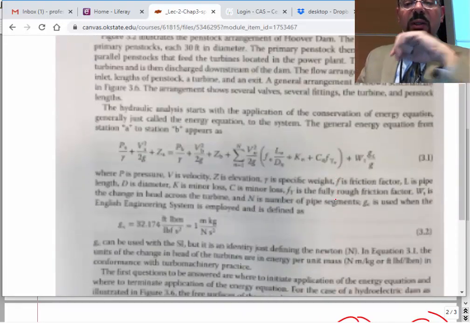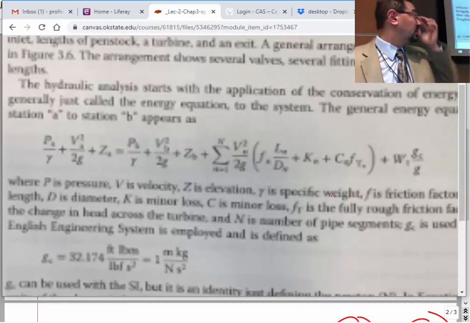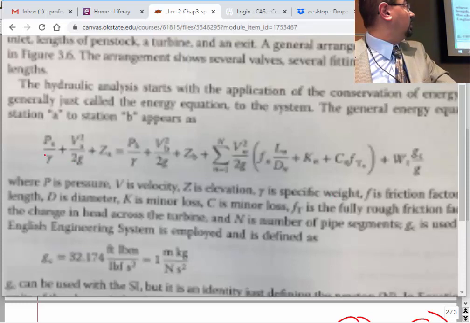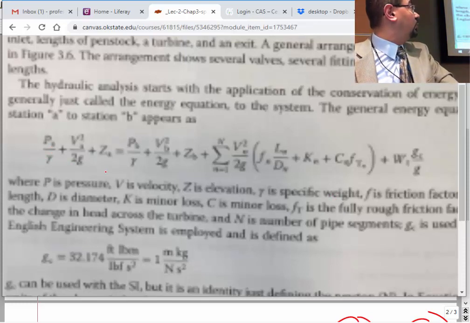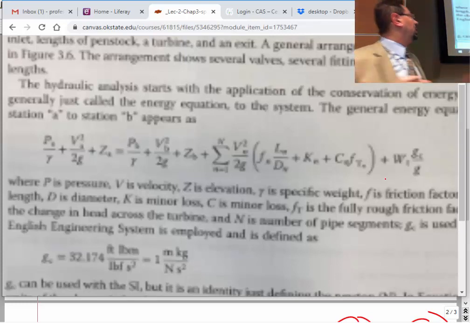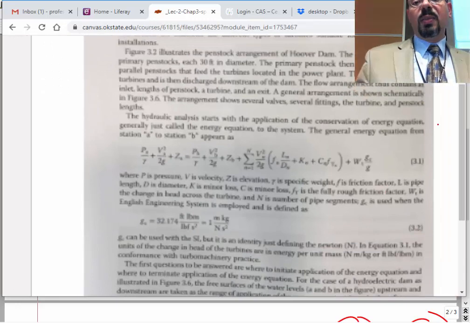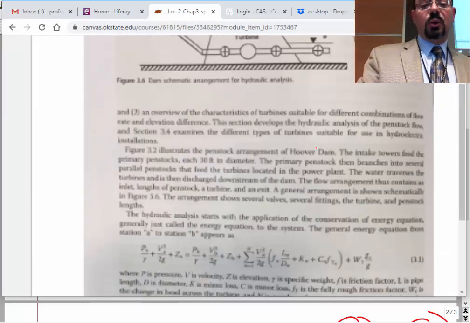So here he wrote the equation. Okay? So here is the Bernoulli equation. I don't think it's really that clear, but it's energy at 1 equals energy at 2 plus the losses plus the work of the turbine. Okay, joule per kilogram. Alright? But actually in this scenario, what are the units of this equation? The units in this equation are all meter.